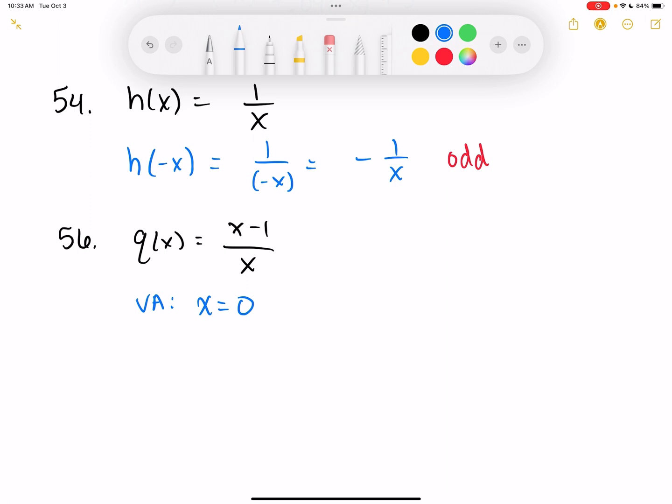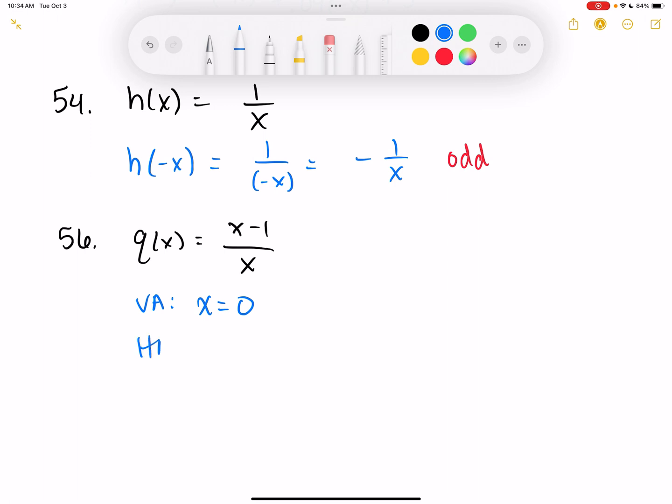Let me finish this one with the horizontal, and then I'll show you one that's different, because this one is just an x in the bottom. There will also be times that the denominator doesn't have anything that causes a problem, because there's no way for it to be 0: whatever you plug in would give you a positive or negative number, never 0. We'll have an example of that as well.